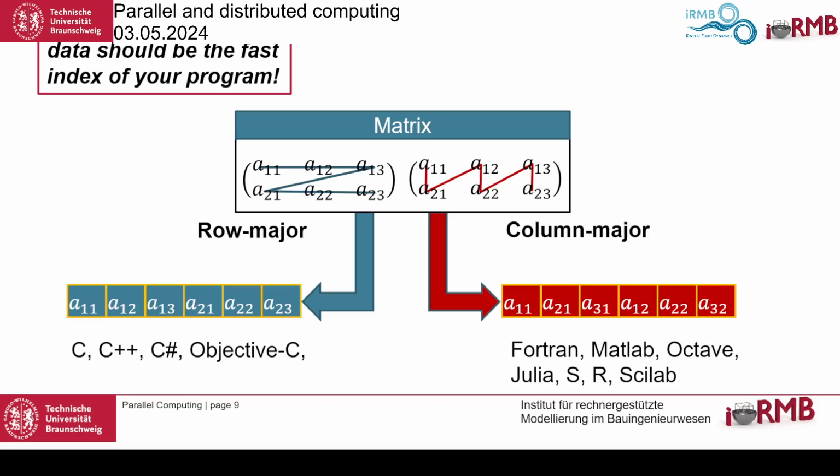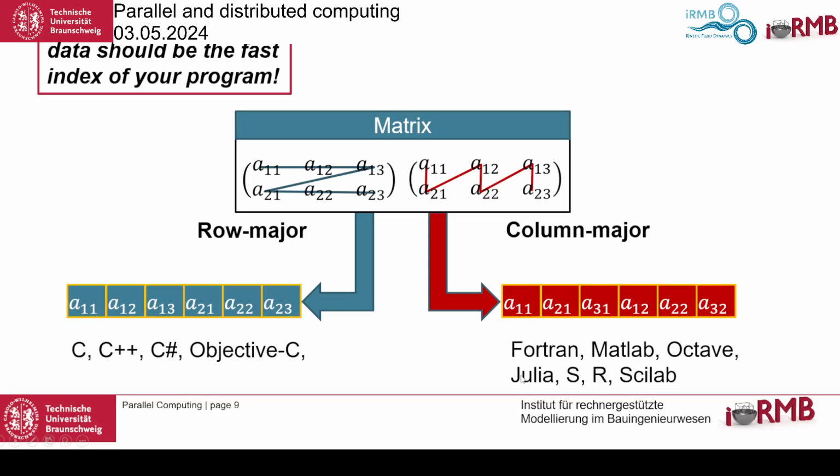And then there are things that are nowadays also quite common. Okay, Fortran has been common for a long time. Probably it's no longer so common nowadays. Fortran, MATLAB, Octave, they are of course compatible.